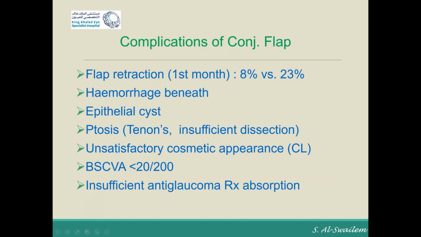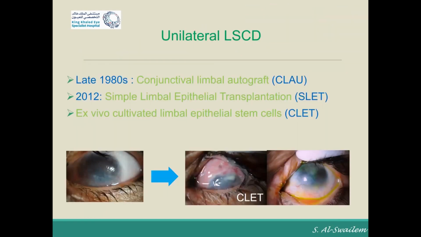The other procedures that we may do in advanced cases of limbal stem cell deficiency are called limbal stem cell transplant. In case of a unilateral one, you can use the gold standard. We call it conjunctival limbal autograft. So we take a conj graft from the site of the limbus from the good eye and transplant it to the diseased eye. Okay, so this is the first one.